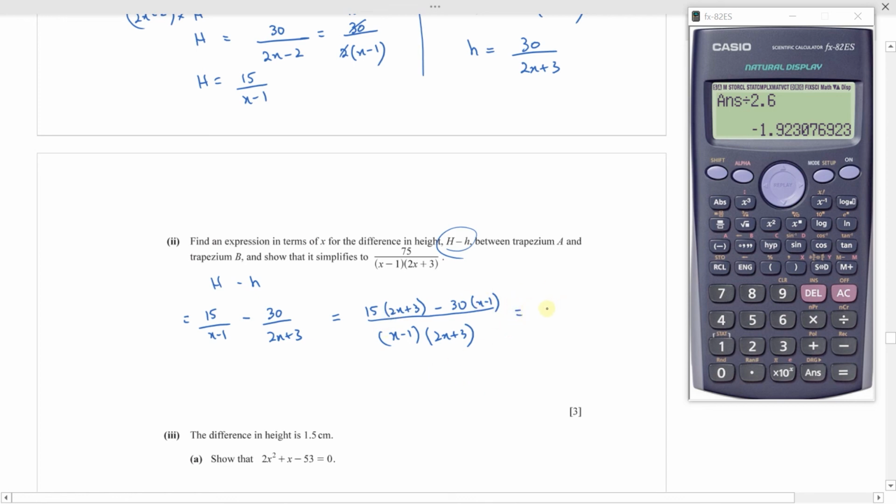So now let's open these brackets. I will get 30x, 15 times 3 is 45, and then minus 30x, and then minus and minus, plus 30, over x minus 1 into 2x plus 3.